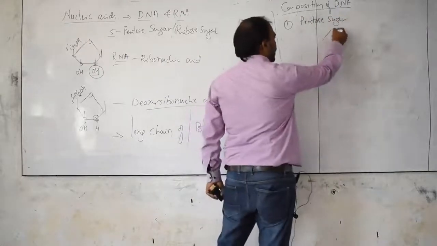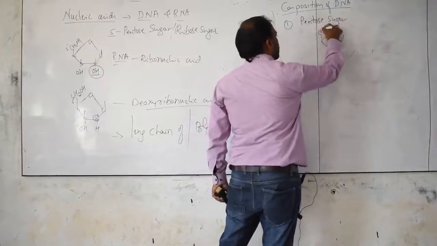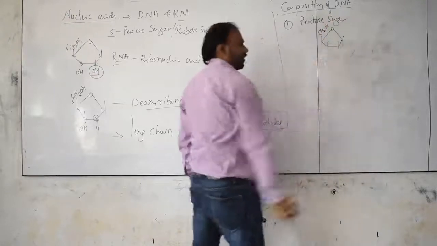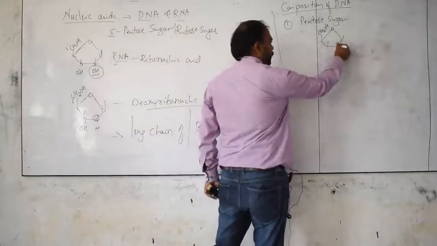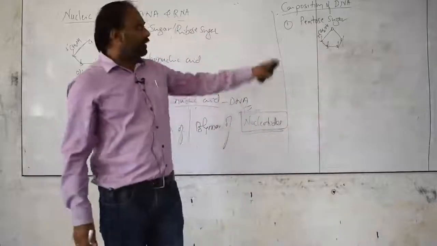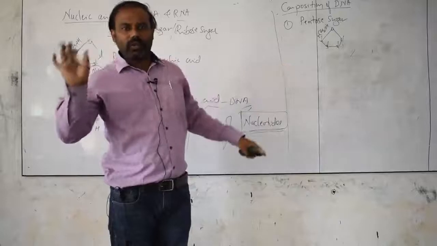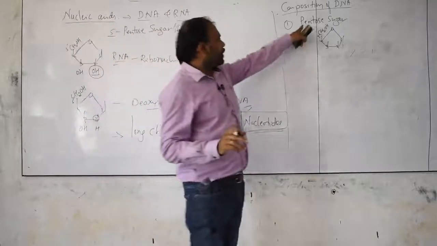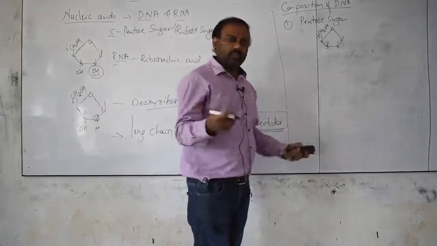As I told you many times, here is CH2OH. This is called pentose sugar because 1, 2, 3, 4 and 5, there are 5 carbon atoms in the sugar. Pento means 5, so there are 5 carbon atoms, hence called pentose sugar.